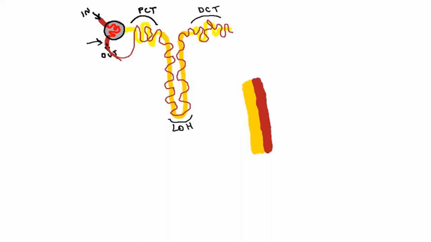So as the filtrate follows this tube down and around, it's getting passed back and forth, back into the blood supply, and then the blood vessel squeezes all the waste out back into the tubule.